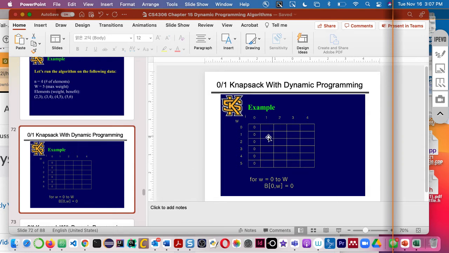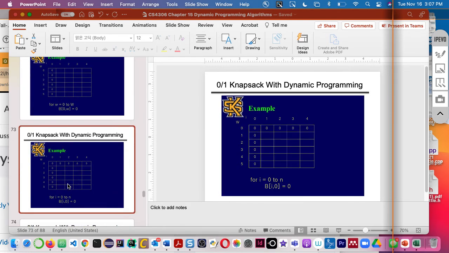This two-dimensional table, the matrix, maintains our benefit or profit. For instance, this is B, not written over here. So no item, no weight gives 0. It's easy, right? This is the first part of the algorithm.